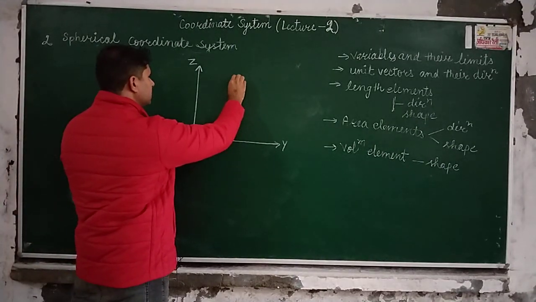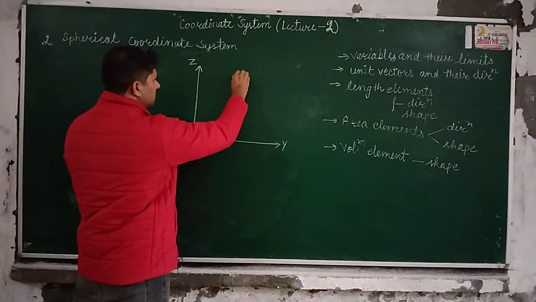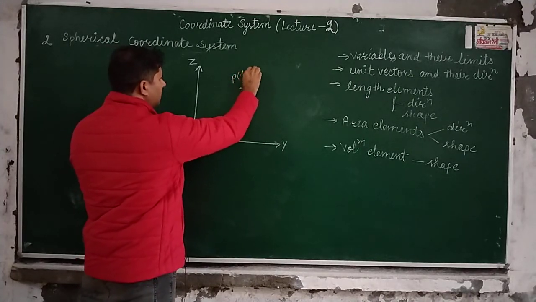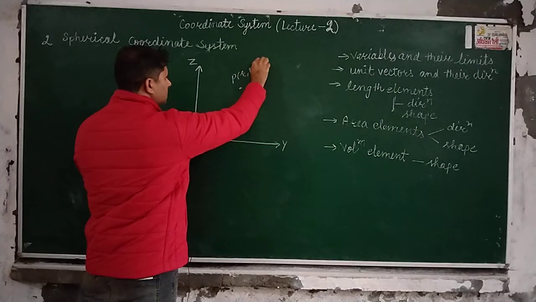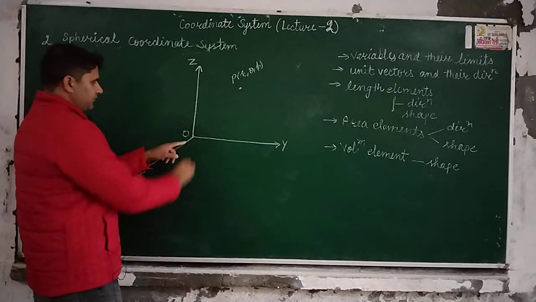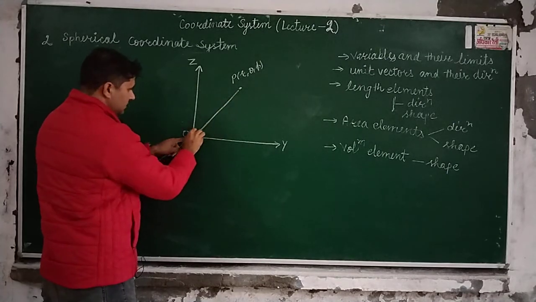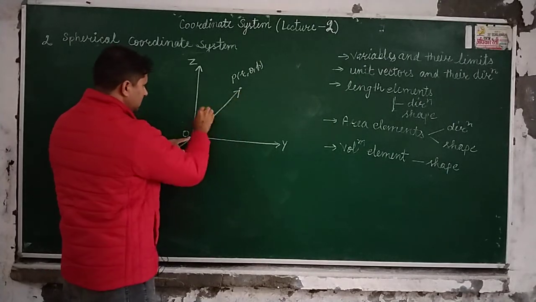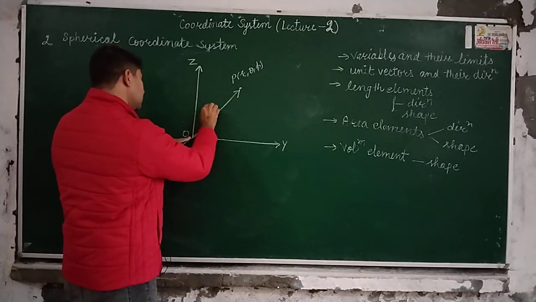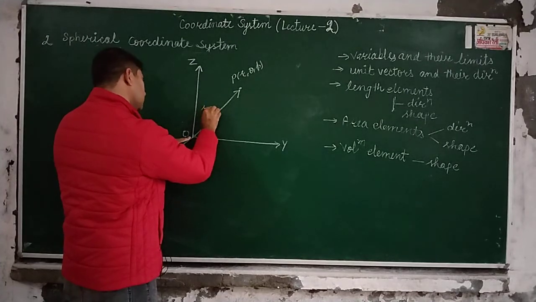We have a point P, and its coordinates are r, theta and phi. This is the position vector of point P, and let me denote it by rp.